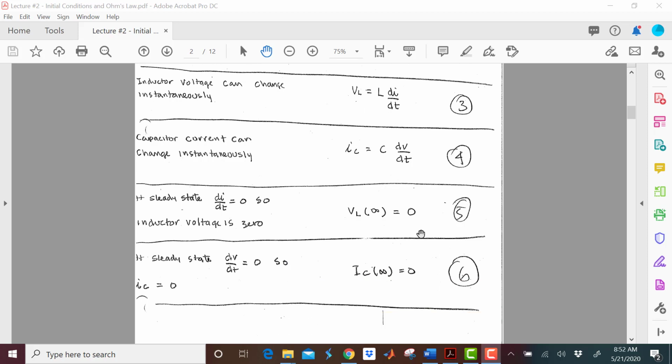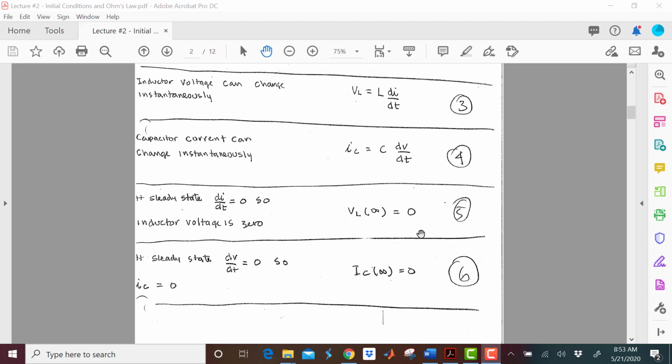Now we go to our steady state rules. I should just reiterate that when we talk about steady state, that means that d anything/dt is zero. That means di/dt is zero for every component in the circuit. dV/dt is zero for every component in the circuit.